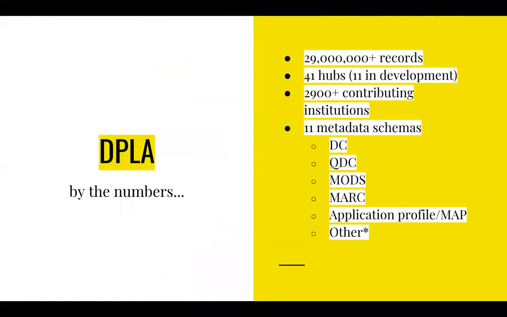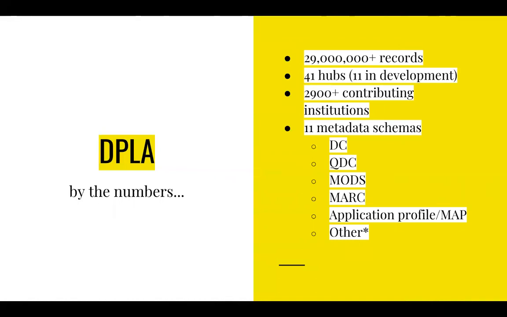So DPLA, at a bird's eye view, we have 29 million plus records. We're very close to 30 million at this point. We have 41 hubs sharing data with us, and there's 11 more hubs that are in some phase of development, either in early stages of getting together to write an application, or have actually applied but have not yet had data submitted to DPLA.